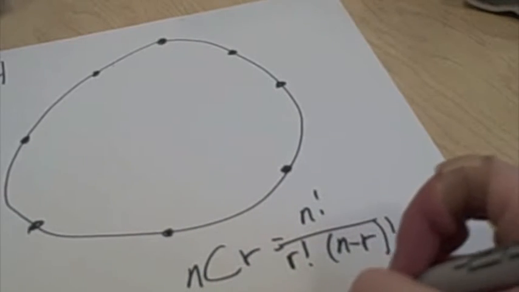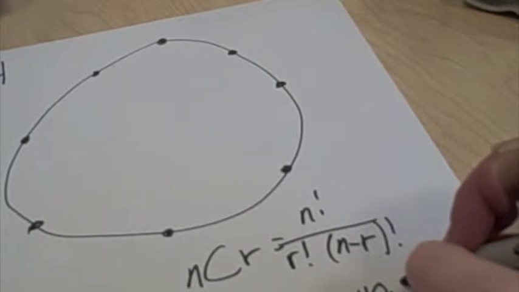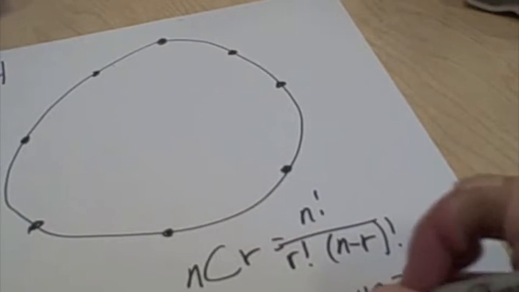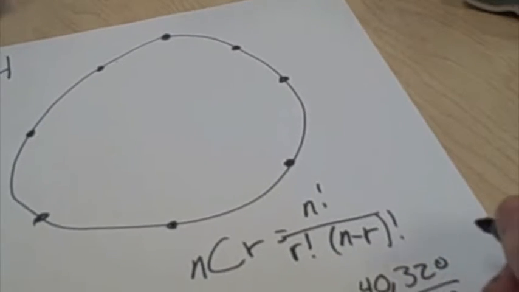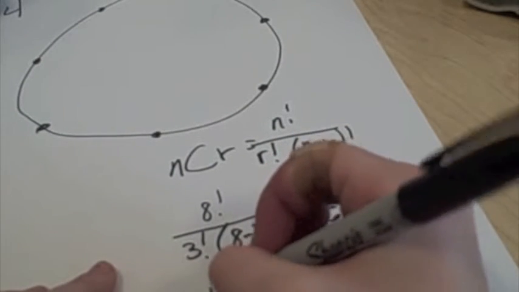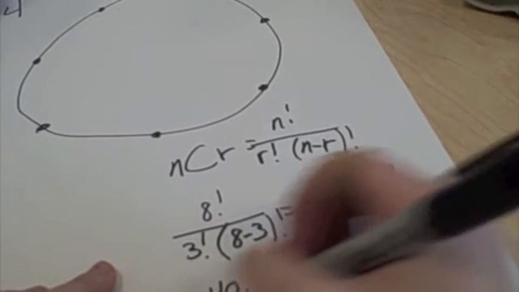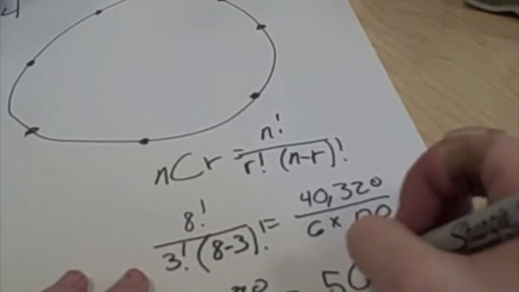Doing that equation, it should equal 40,320 over 6 times 120. And that'll lead to 40,320 over 720, which equals 56. That's how many triangles you can fit in here.